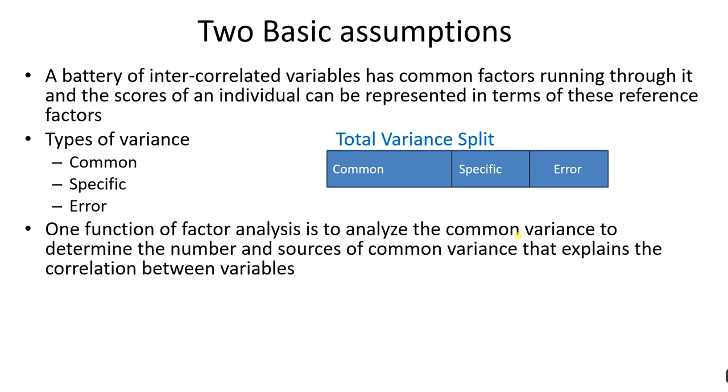Many authors, many people also consider principal component analysis as a technique of factor analysis, and in SPSS this is the default option. So while performing factor analysis using SPSS, most of us use principal component analysis and we say that we have done factor analysis.